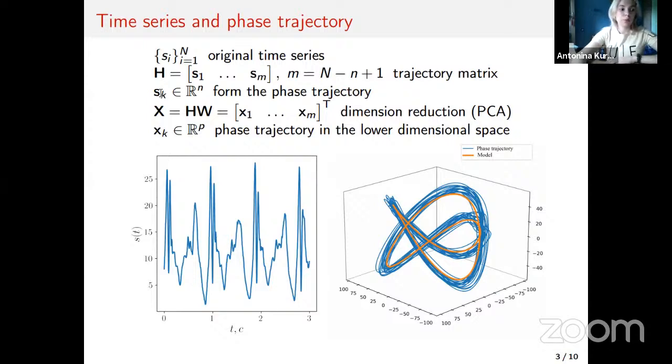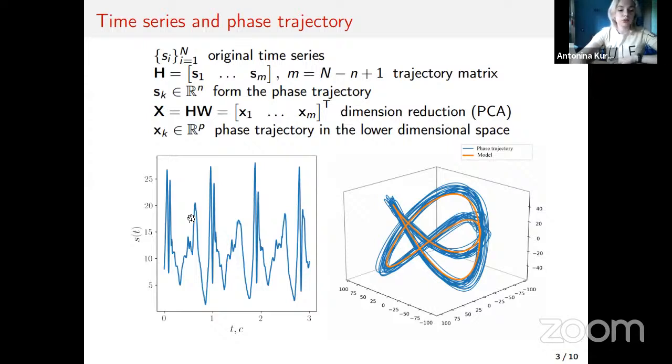The principal component method reduces the trajectory space dimensionality. The obtained vectors x_q form the trajectory space of reduced dimension p. Okay, let me repeat the main idea. The original time series S is given, and s_q is a point of the time series. We construct the Hankel matrix H, and its columns form the phase trajectory. We suppose that the dimensionality of the original trajectory space is excessive.